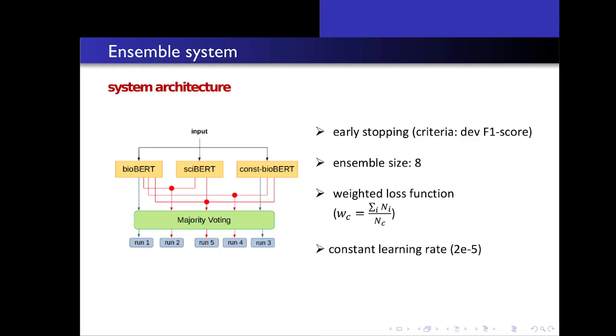We keep the same hyperparameters for training and use early stopping to control the training process. The loss function for fine-tuning is weighted, and we found that using a weighted loss function improves the performance on the validation set. For each class, the loss is weighted by the ratio of the total number of training examples and the number of training examples labeled in this class.